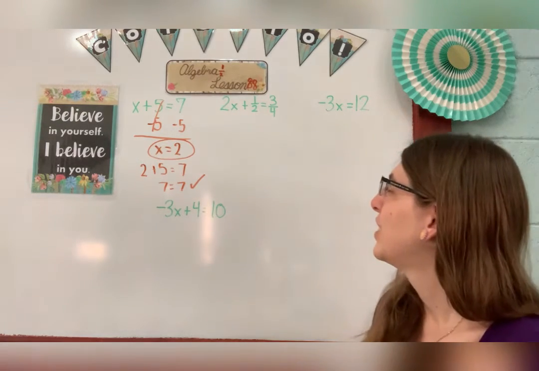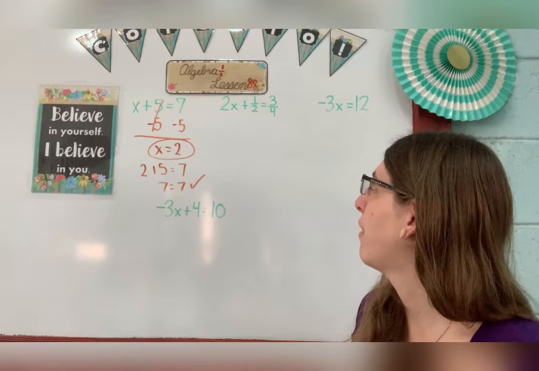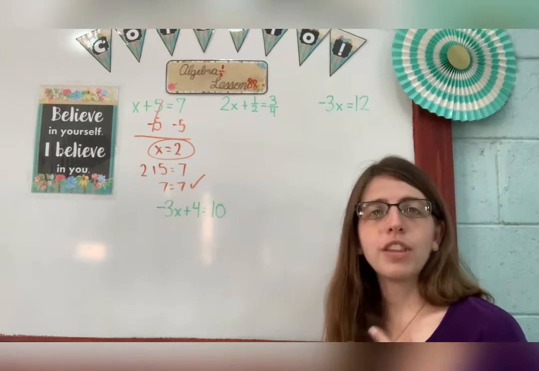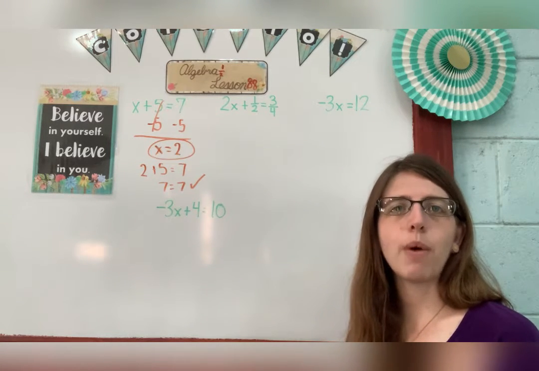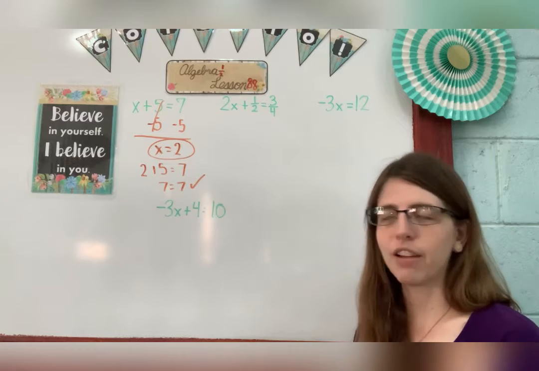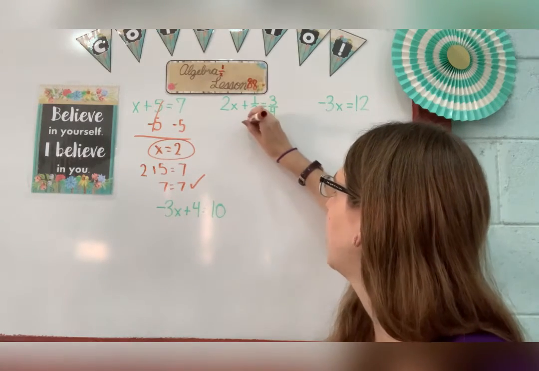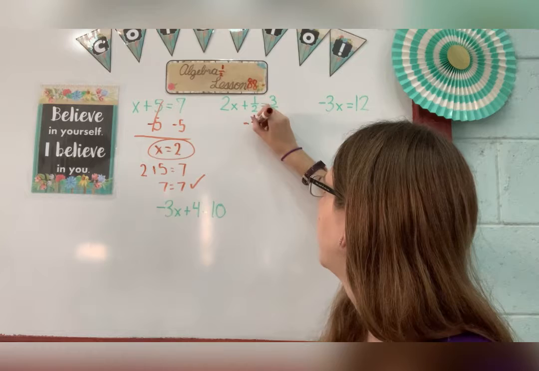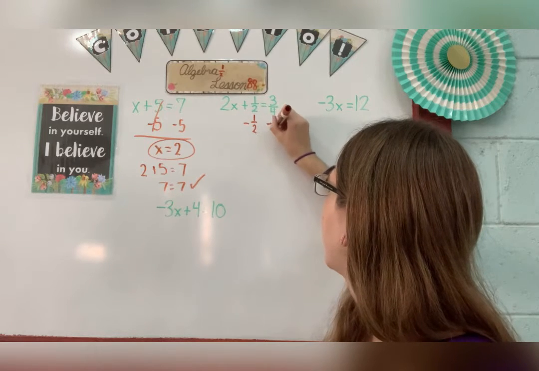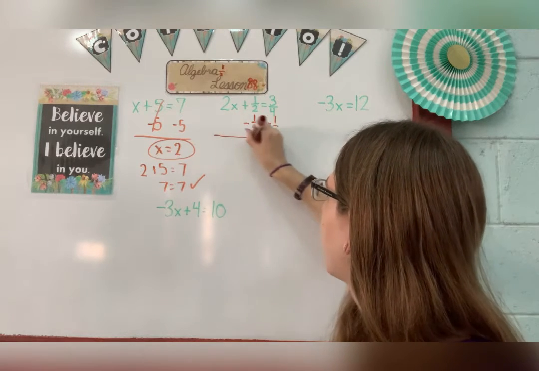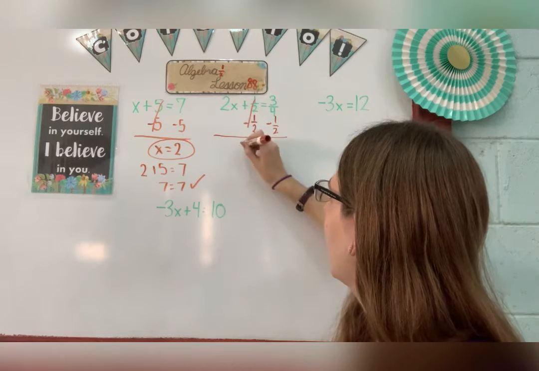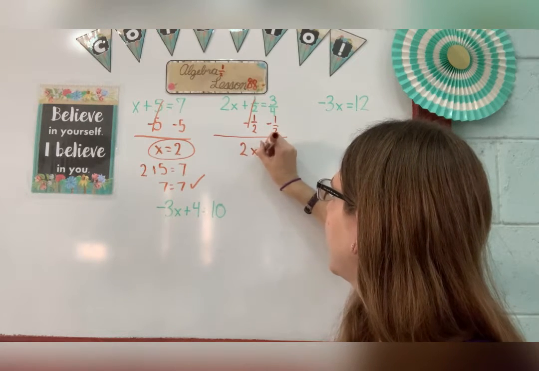All right. So here I have 2x plus 1/2 equals 3/4. So this rule still goes even when you have fractions, that you're adding a negative. And you don't have to write it on the same line, you can write it below. So I have negative 1/2, negative 1/2. Here they cancel out and I'm left with 2x equals.